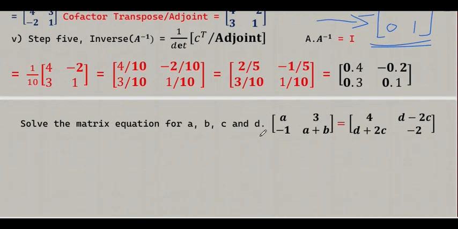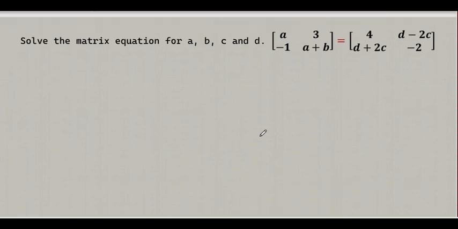Now let's look at an example here, not exactly related to inverses, but you can be asked a question like this in the exam, and this says solve the matrix equation for A, B, C, and D. So these two matrices are equal. When you hear that they are equal, what should come to your mind is that every corresponding positional element is equal.